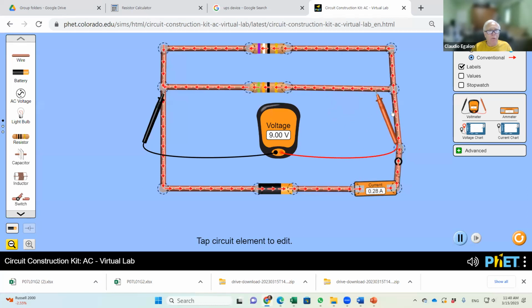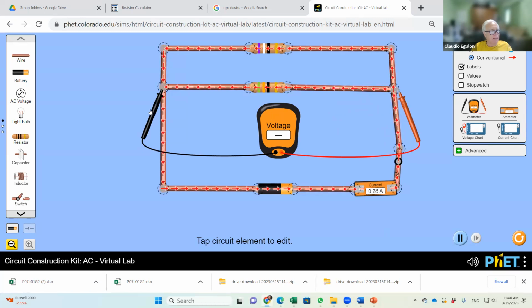The voltmeter, how does it work? The voltmeter is always connected in parallel. By the way, this is part of the lecture, part of what is taught in the book. The voltmeter is always connected in parallel. It is always measuring the difference of potential energy between 2 points in the circuit.